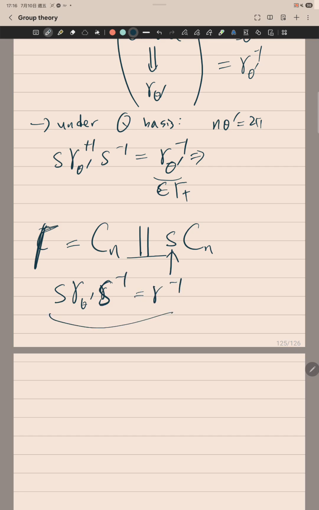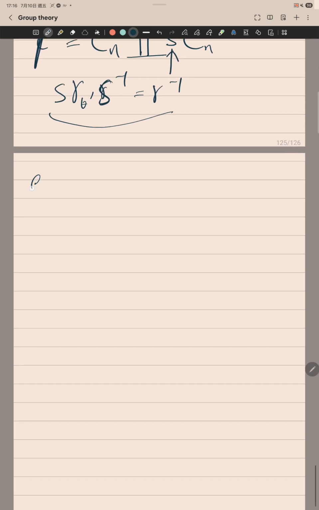So if you see carefully, this is exactly the dihedral group.